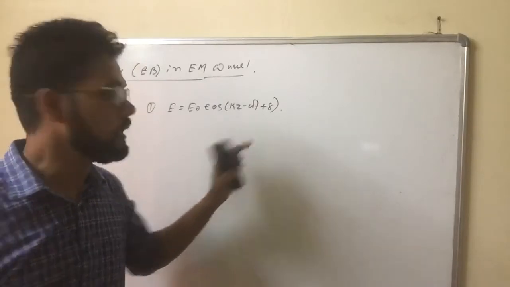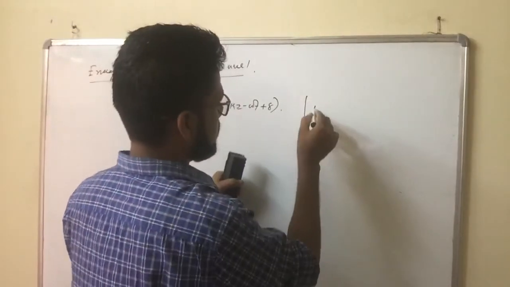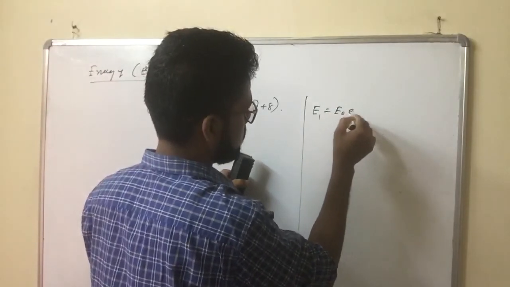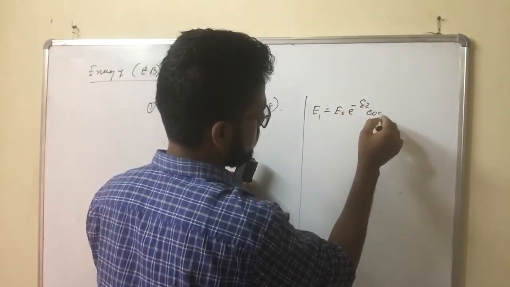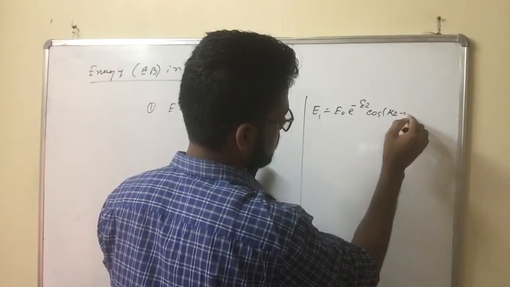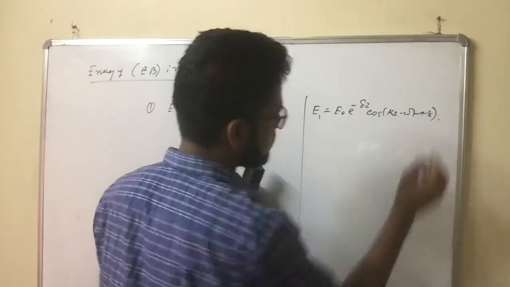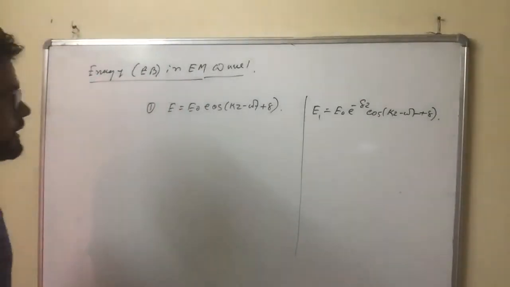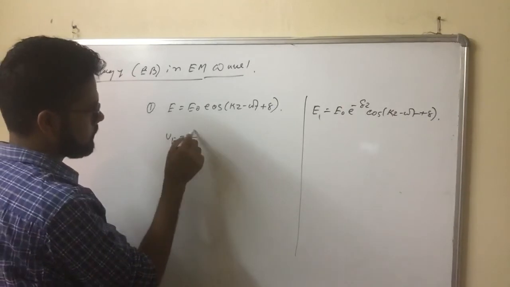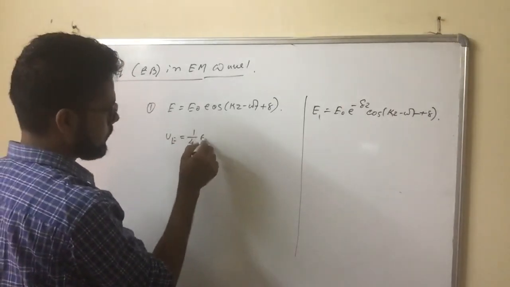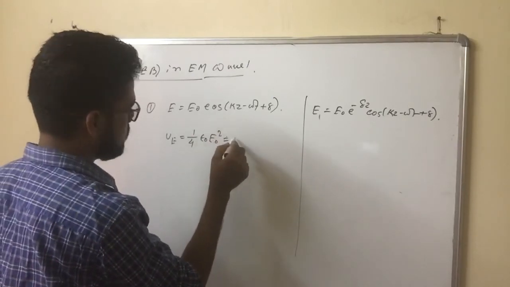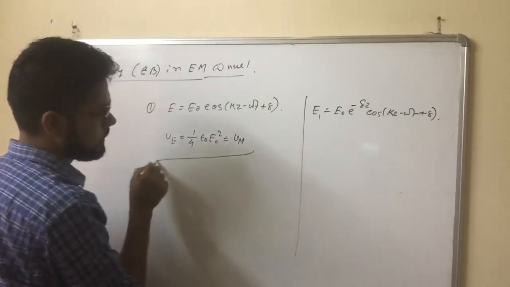If I take this solution in the exam, the equation I have seen in the NET exam is E naught e to the power minus delta z cos kz minus omega t plus delta. So what happened in this case? I have already calculated 1 by 4 epsilon naught E naught square, which is equal to the energy density. Is it okay?